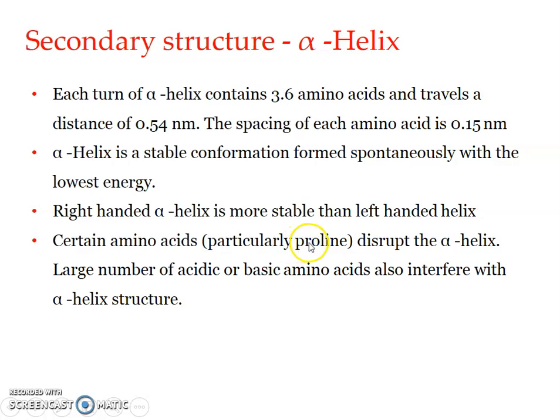What happens when there is proline? We already saw that proline has an imino group. Whenever there is a proline in the amino acid chain, at that particular point there will be a bend, so that will disrupt the formation of alpha helix. Now, what happens when there are more acidic amino acids?